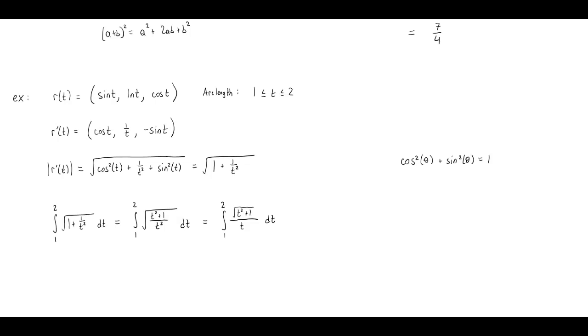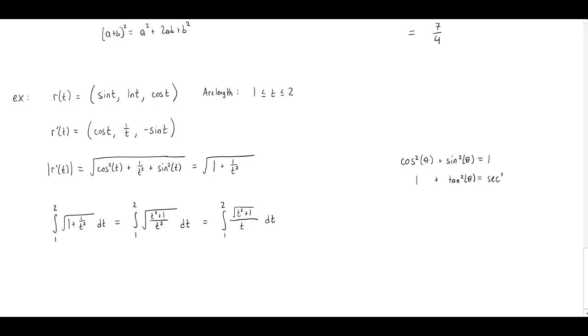Sure, yeah. There's sort of a trick to getting the other ones. If you ever forget them, you take this equation and divide everything by cosine squared. Sine over cosine is tangent, so you get 1 plus tangent squared. And 1 over cosine is secant, so you get secant squared on the other side. Okay?